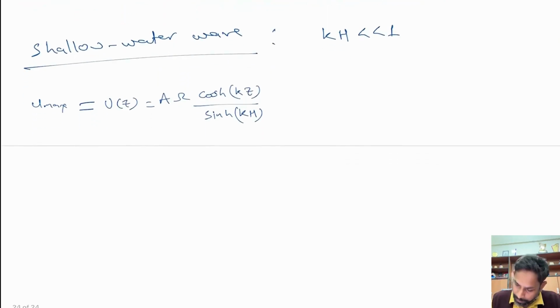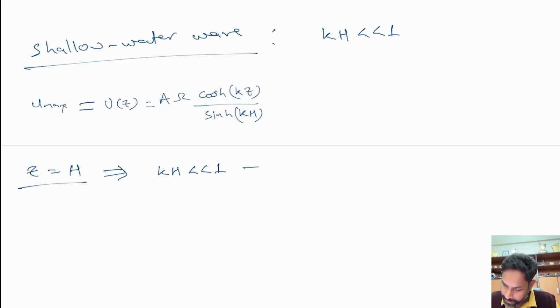Okay, and now we apply at z equal to 0, or let's start with z equal to h. kh is much smaller than 1. That actually means that sinh of kh is almost equal to kh, right?